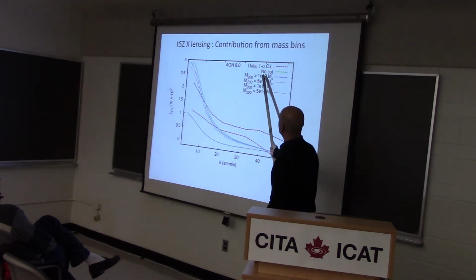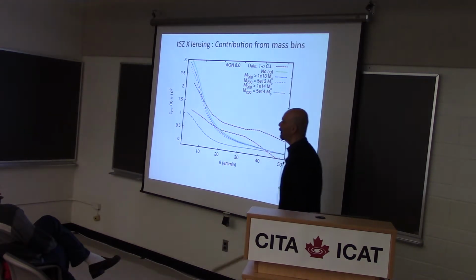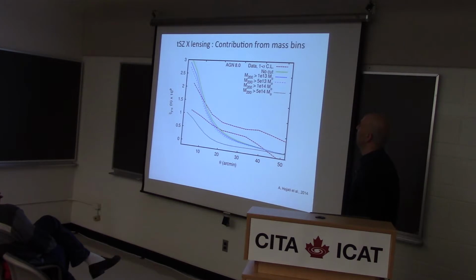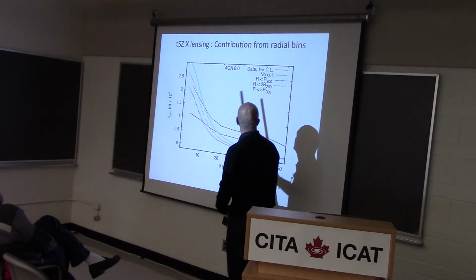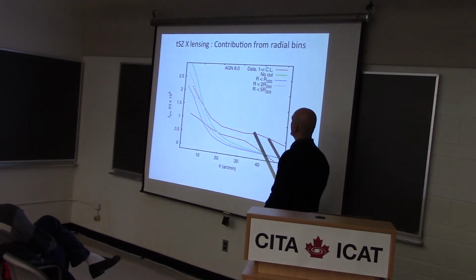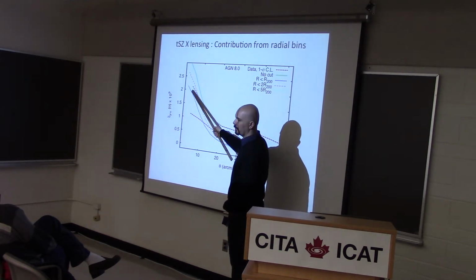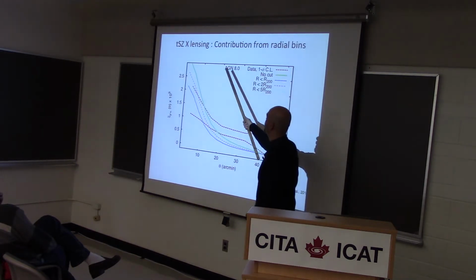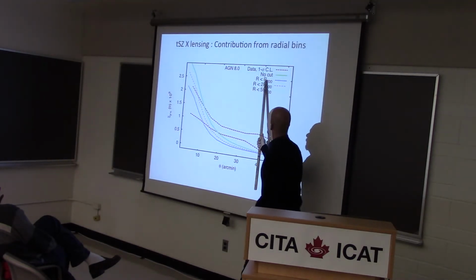But the contribution from small mass halos is not necessarily ignorable. You have some low mass contribution to the signal, and you can quantify it. You can also cut in radial bins. Here again we have the total signal. If you keep only the stuff below 1 virial radius, that's what you get. So a significant portion, according to this simulation with this fiducial feedback model, is beyond the virial radius.